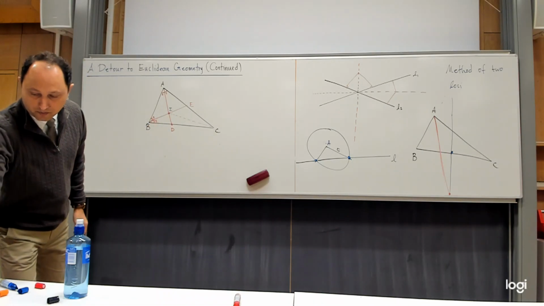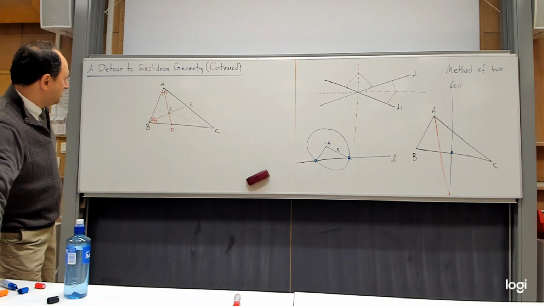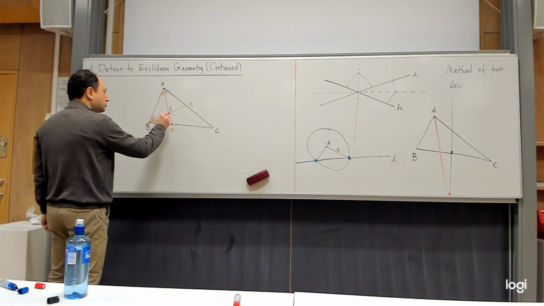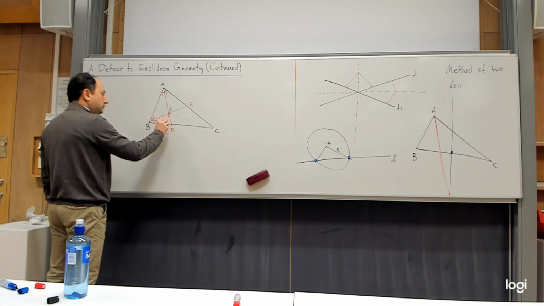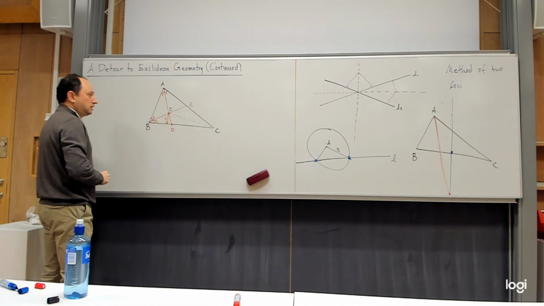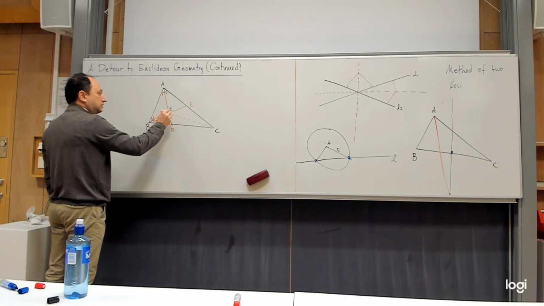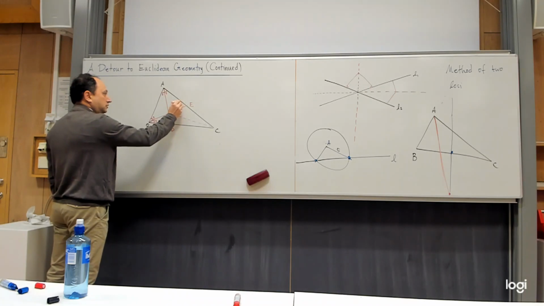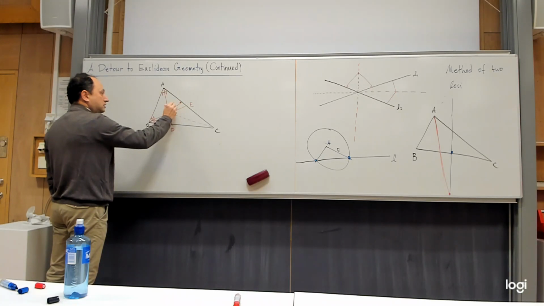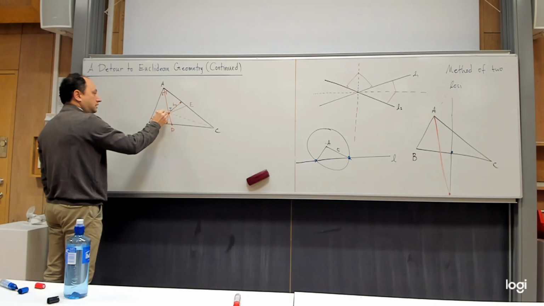Let me ask you something. I really want you to be able to answer these. Okay? I draw a perpendicular line from here to here, and let me call it H1. Then I draw a perpendicular line from here to here, and I will call it H2. And I do the same thing here.